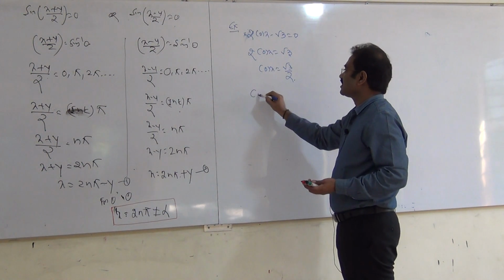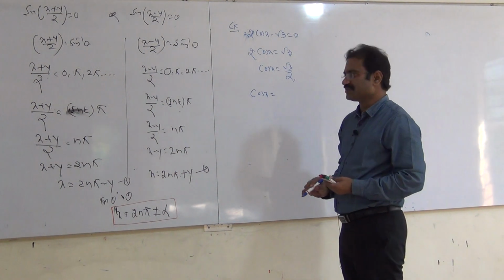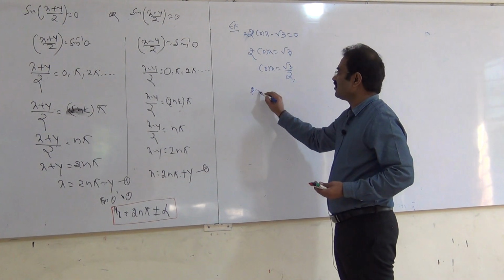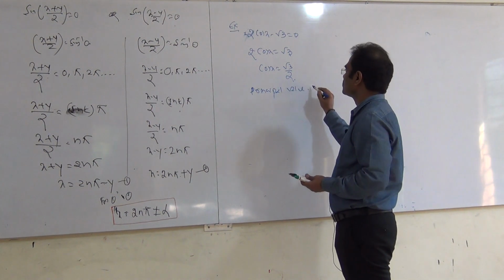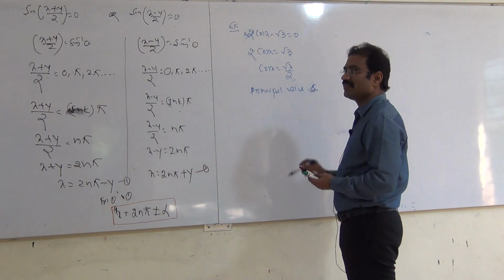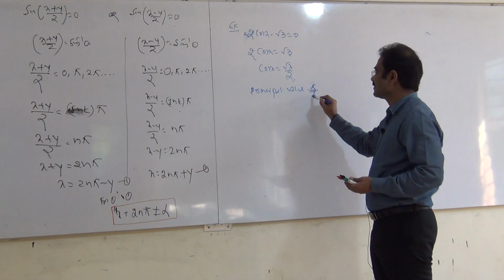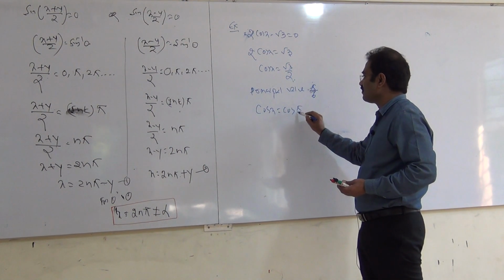I write this as cos x is equal to the principal value. I have to write the principal value. What is the principal value? It is 30 degrees, which is nothing but pi by 6. Therefore, cos x is equal to cos of pi by 6.